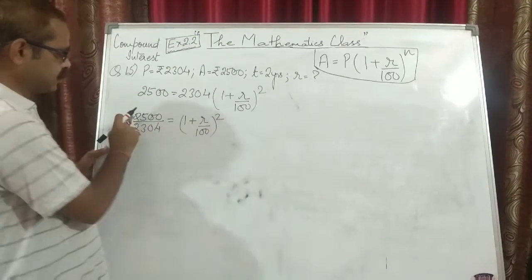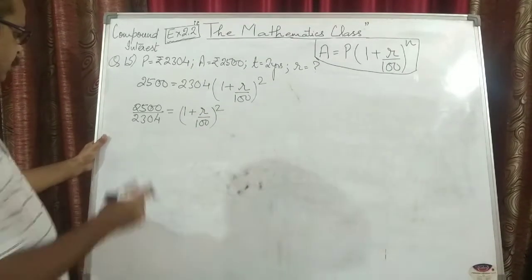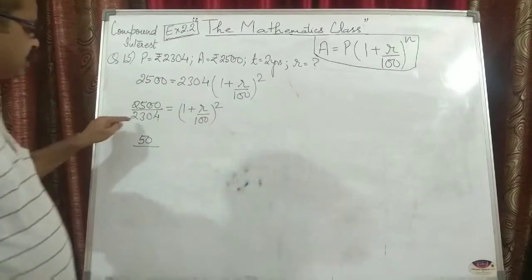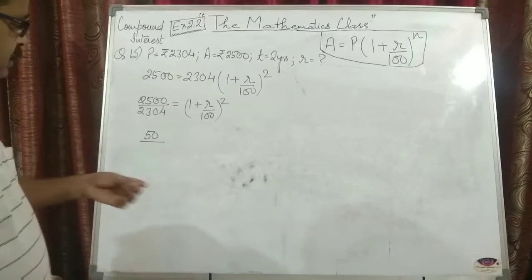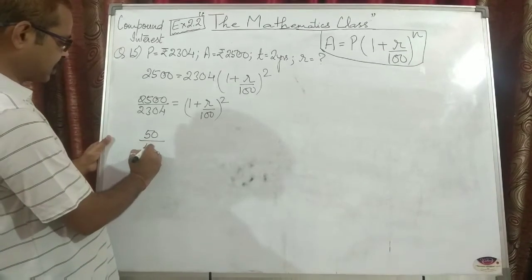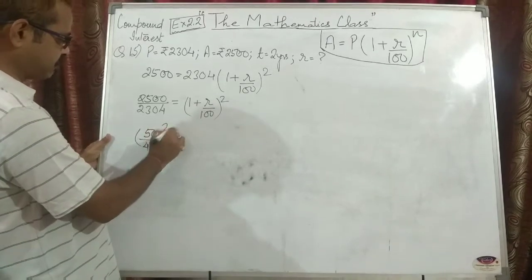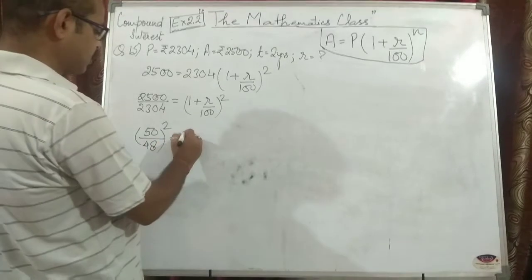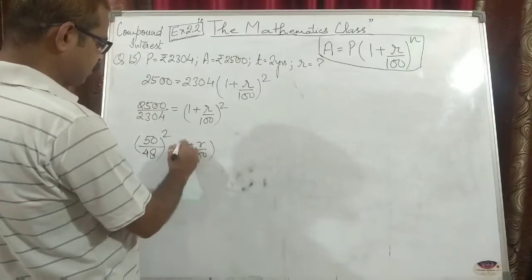Now you know that 2500 is the square of 50, and we don't know whether 2304 is the square of any number or not. So yes, it is the square of 48. So (50 upon 48) square is equal to (1 plus R upon 100) to the power 2.